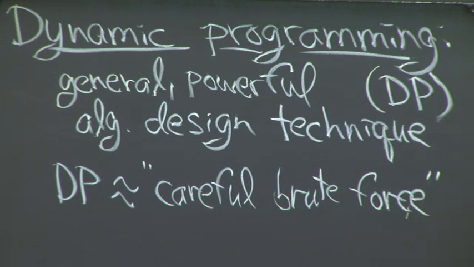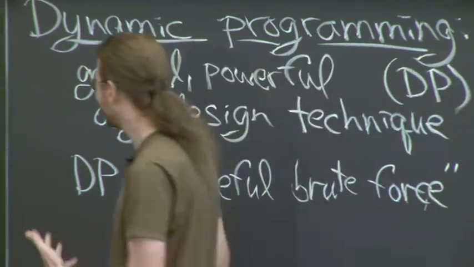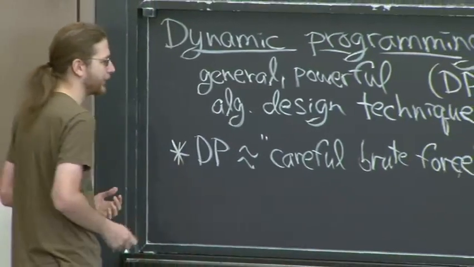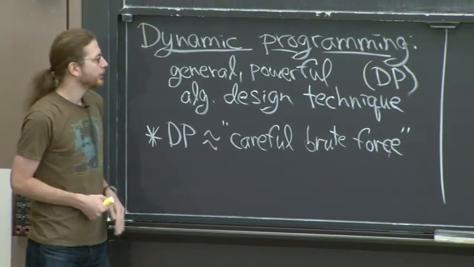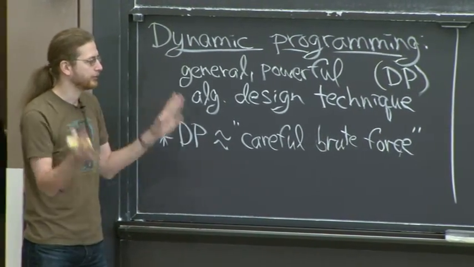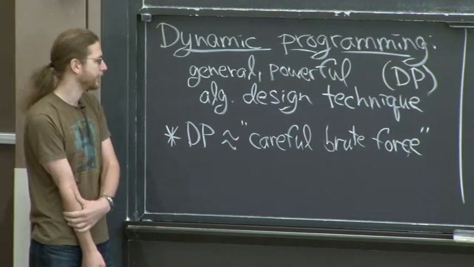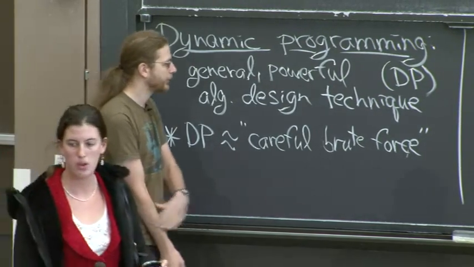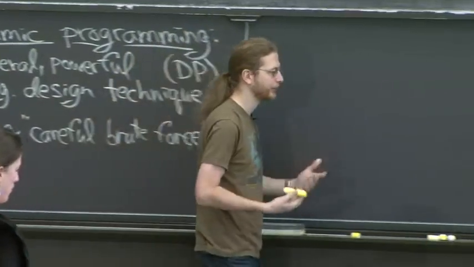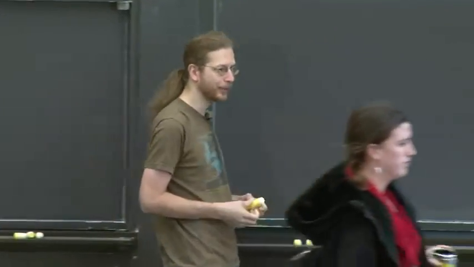There are a lot of problems where essentially the only known polynomial time algorithm is via dynamic programming. It doesn't always work. There's some problems where we don't think there are polynomial time algorithms. But when it's possible, DP is a nice sort of general approach to it. And we're going to be talking a lot about dynamic programming. There's a lot of different ways to think about it.